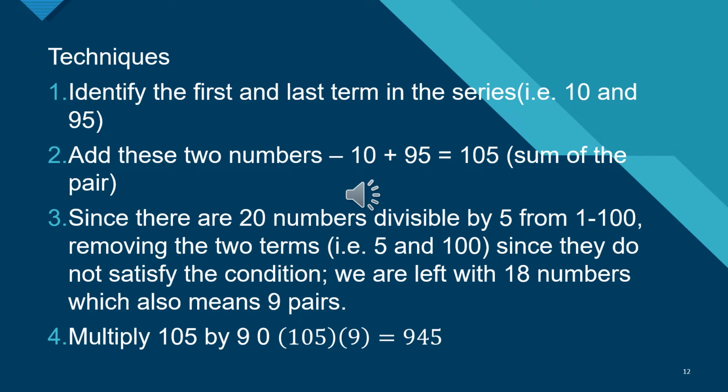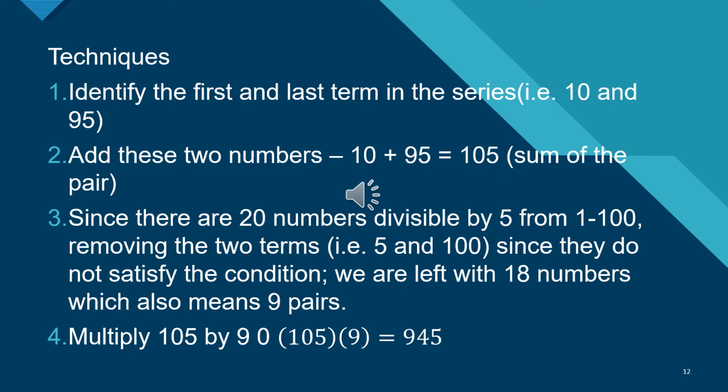The first term is 10, and the last term would be 95. Adding 10 and 95 would give us 105. Now, the second step is to find the number of pairs, because what I just did is to pair the first and the last term. So how many pairs are there in this case?